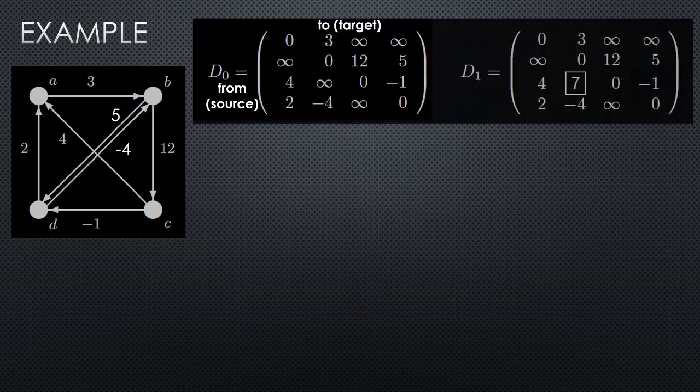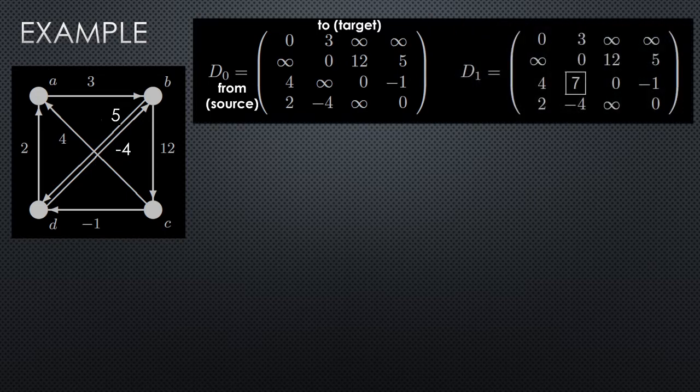But in D1, now I'm allowing one very specific node to be used as an internal node in the path. It's the first node, A. A is now allowed to be used as an internal node on the shortest path. And this actually changes some results.